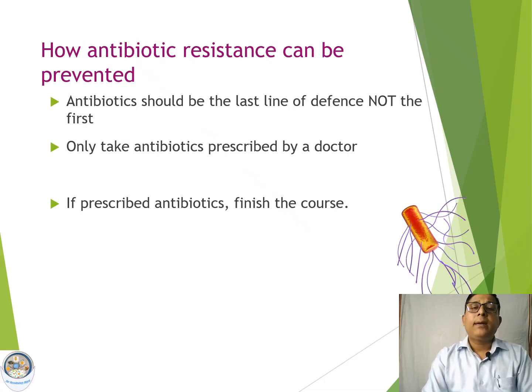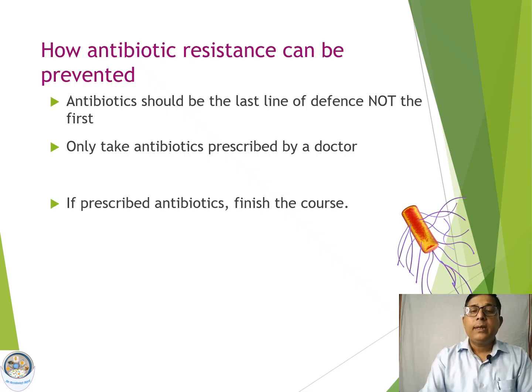Now, how can we prevent this development of antibiotic resistance? First, we should keep in mind that antibiotics should be the last line of defense. Means if other procedures have failed, then only we should go for use of antibiotics. Then we should take antibiotics only when prescribed by a physician or a doctor.